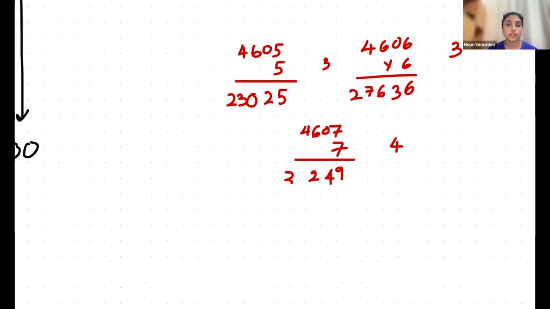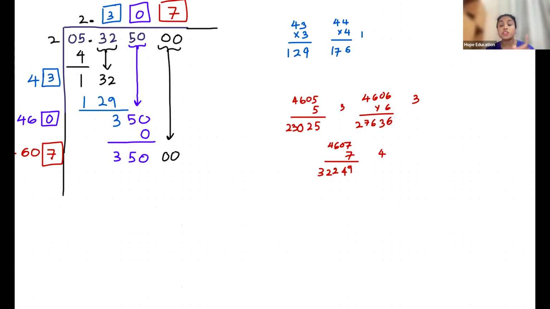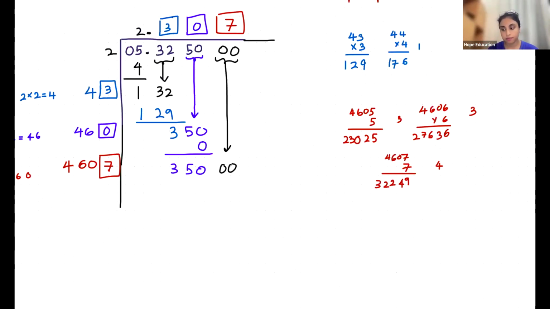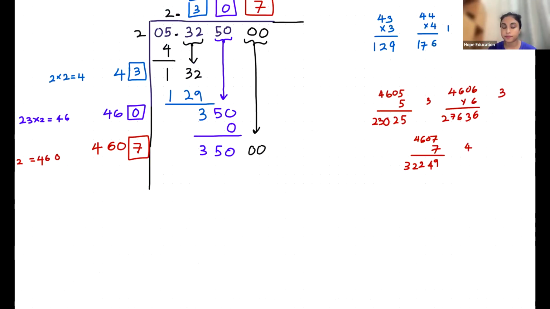And that seems perfect. What we have here is 32,249. You can try 8 also, but then the answer will be too much. So I will put this. 4,607 multiplied by 7 is 32,249.